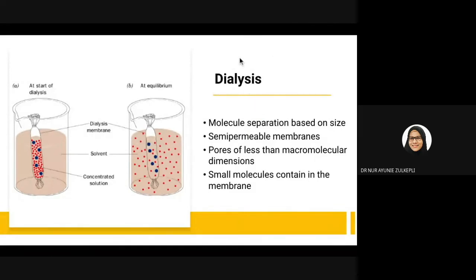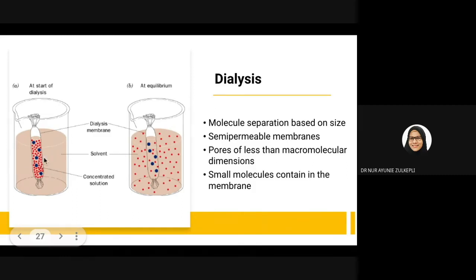So what is dialysis? Let's say you have a mixture of proteins in your extract, and you want to separate the proteins of your interest based on size. You use a semi-permeable membrane which has pores smaller than your protein of interest, so that your protein of interest will be contained in the membrane.